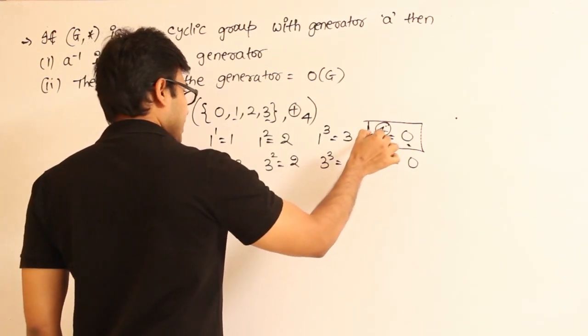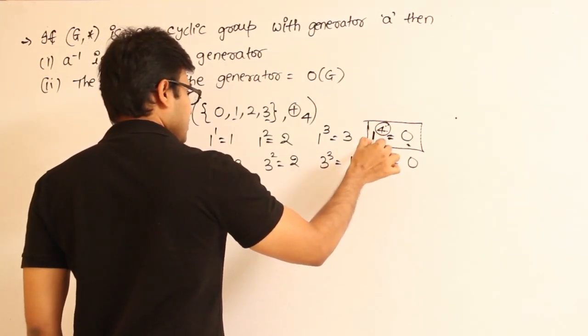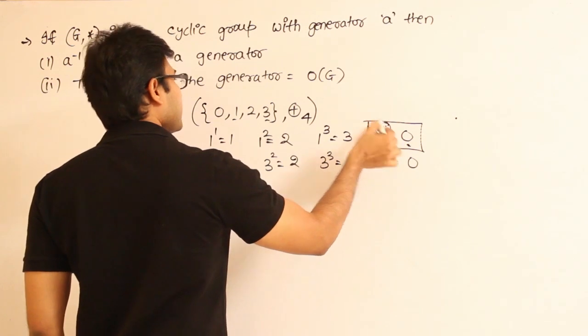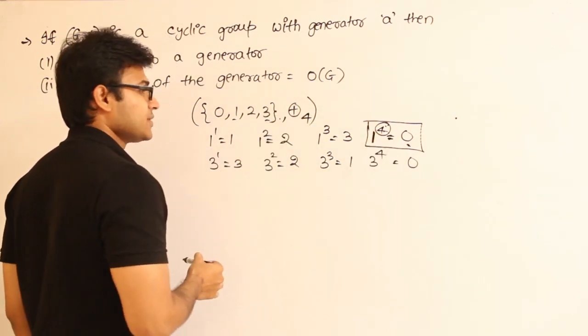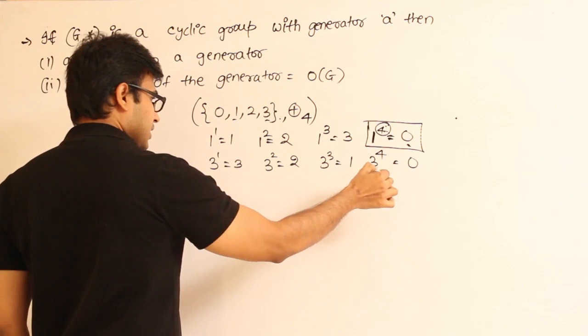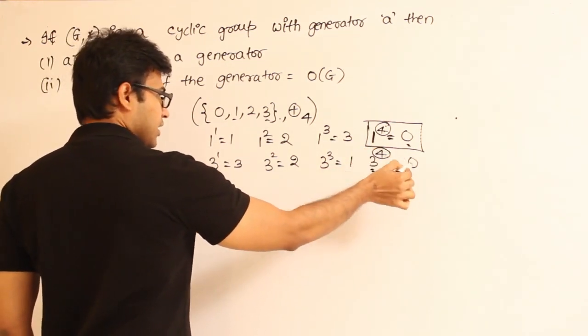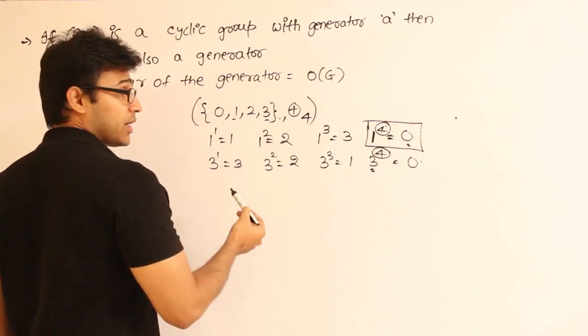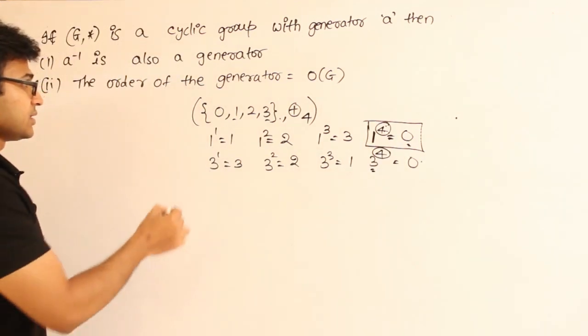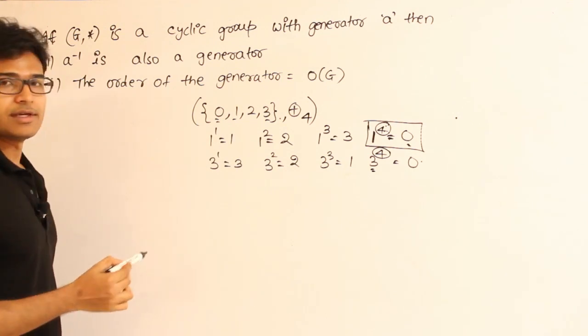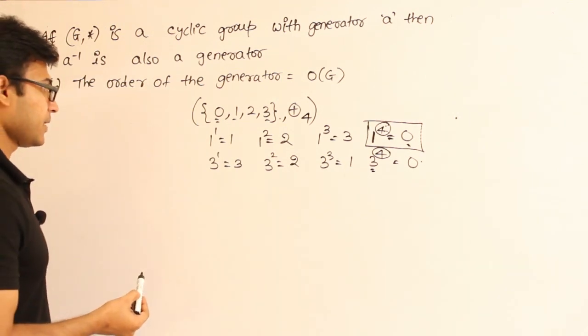So a generator will always have its order as the order of the group, which means the size of the group. Now here also 3 is the generator and we have to raise 3 to the power 4 in order to get the identity element. So I think you know what identity element is. In this case identity element is 0. In case of addition, identity element is 0, right?